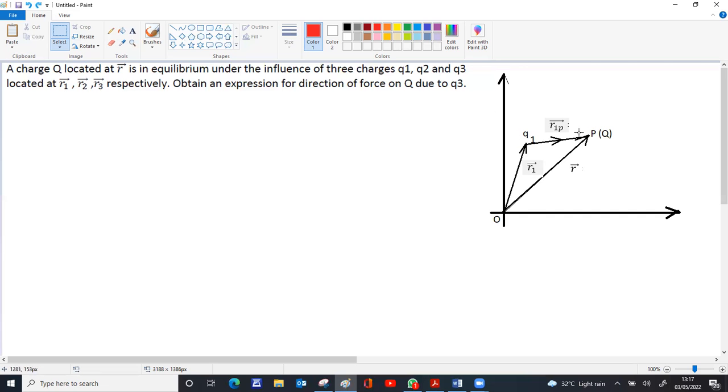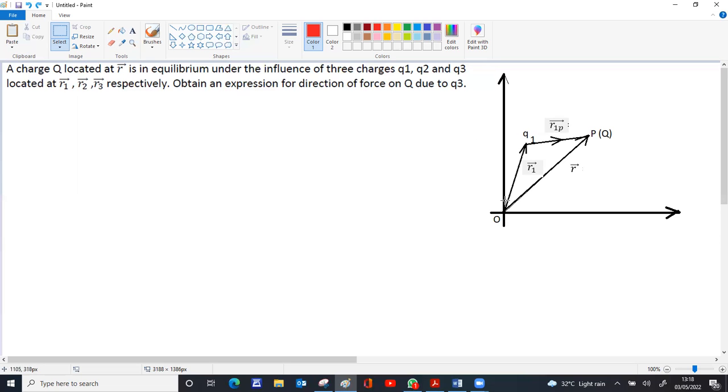So this direction, Q1 to P, is the vector connecting Q1 and Q. The distance between Q1 and Q is R1. We're just writing R1P as Q1 to P.